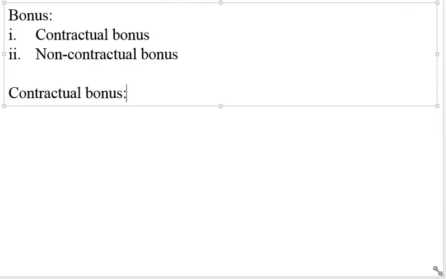A contractual bonus is a bonus that is already specified in the contract. So, for example, every year in Feb you will be paid a bonus. That's a contractual bonus, right? So, if that is the case, when is it taxable? It is taxable when it is due according to the contract date.